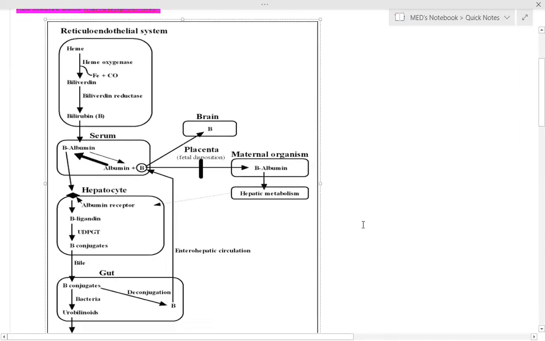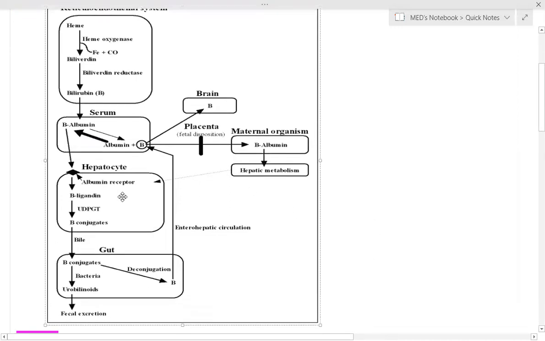In the liver cell, there is an albumin receptor, so it gets bound to albumin. Please note that this bilirubin is unconjugated bilirubin. It's really very, very important.